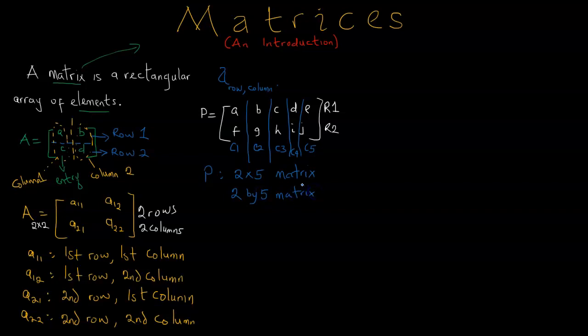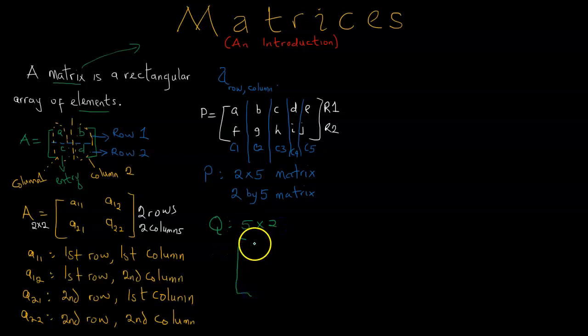So how do we think a 5 by 2 matrix is going to look like? That's also very easy. A 5 by 2 matrix is going to have 5 rows and 2 columns. So let's take a matrix Q that's 5 by 2. So we are going to need 5 rows.